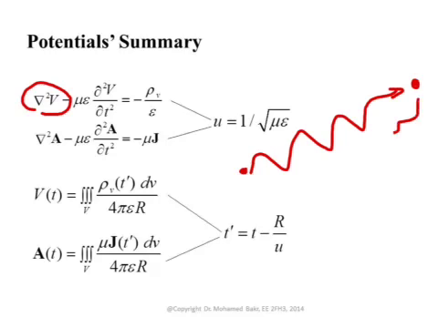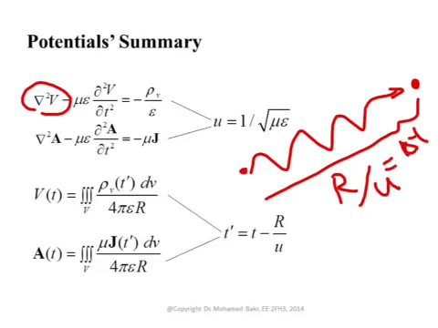So if you know the distance between them r, and the wave travels by velocity of u, then it will take a time shift of delta t for this perturbation to travel from the location of the source, which is the charge, to the location where I'm measuring the potential V.